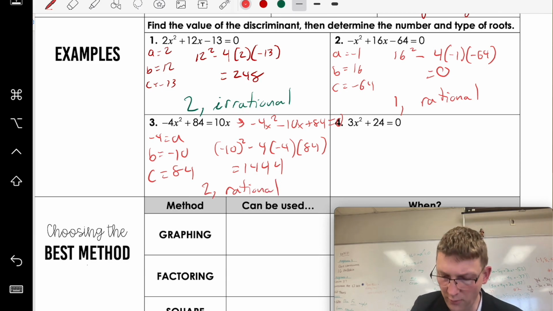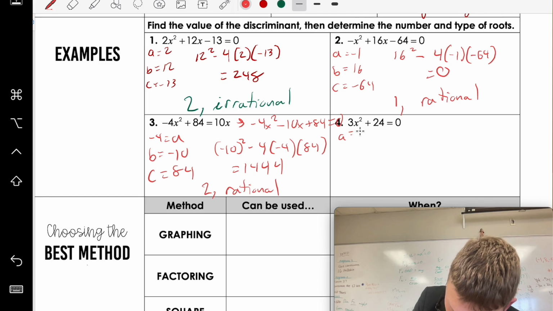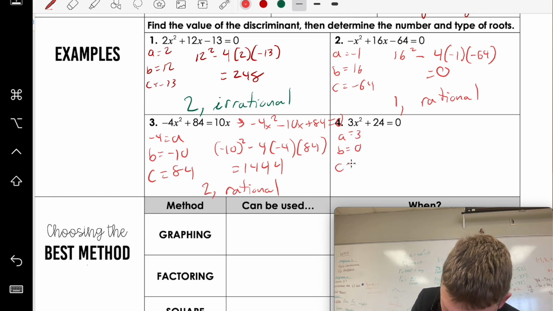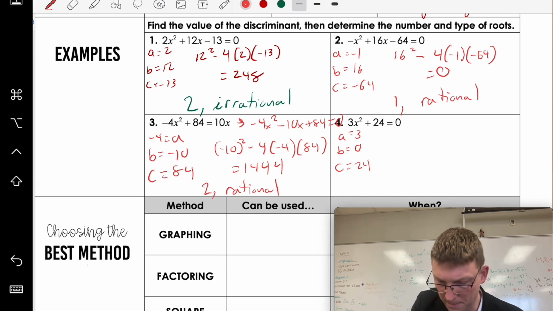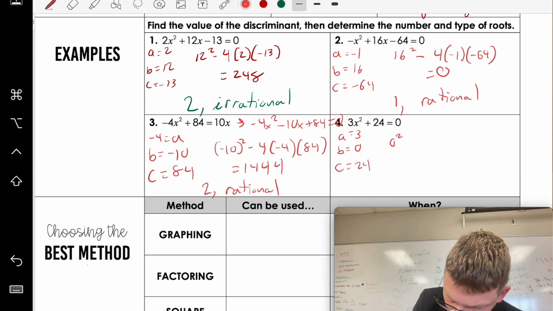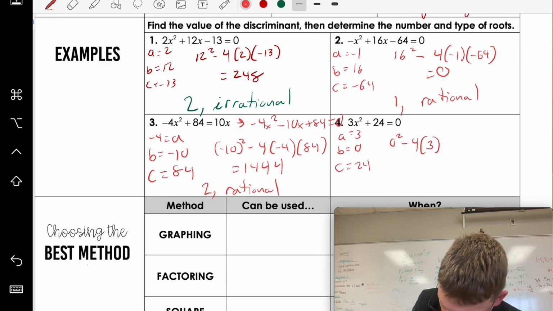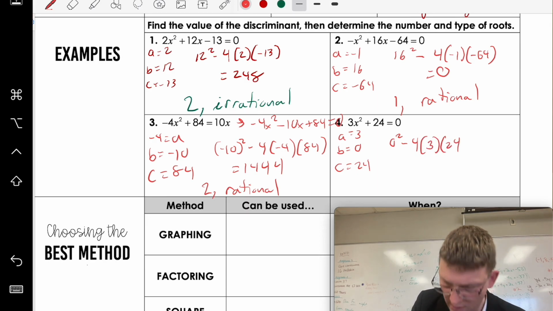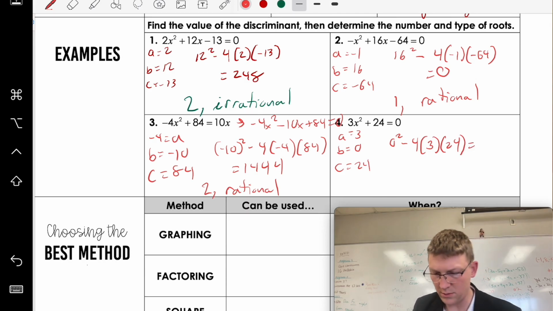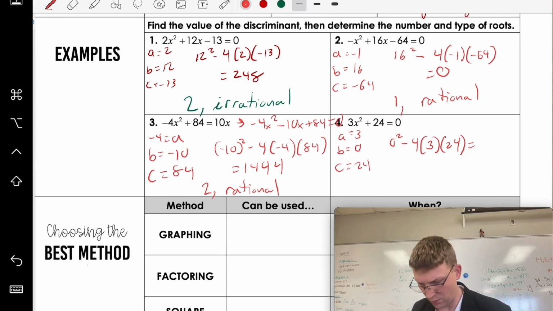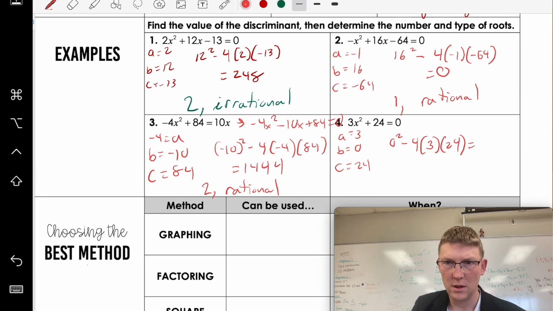Last but not least, number 4. A equals 3, B equals 0, because it's not there. C equals 24. So B squared minus 4 times A times C is going to equal -4 times 3 times 24, -288.